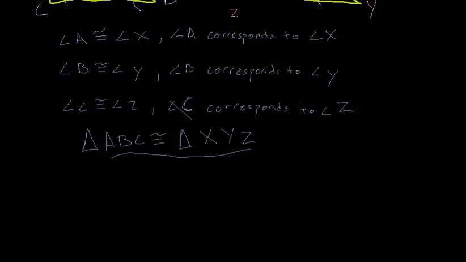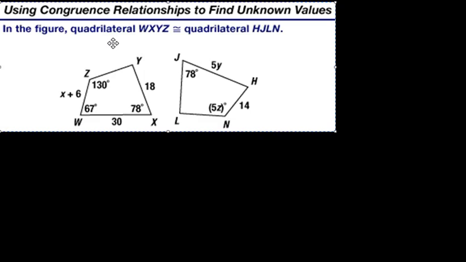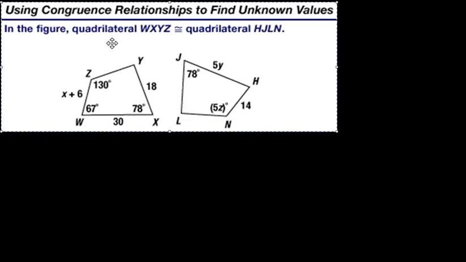In the last section, we learned how to write congruency statements. So we're going to move on to a problem where you're asked to find the lengths of sides within a quadrilateral. In the figure here, quadrilateral WXYZ is congruent to quadrilateral HJLN.